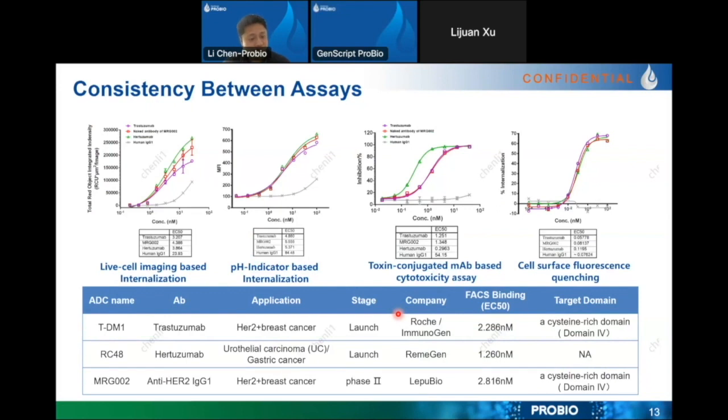Judging by the results, all four approaches gave a similar ranking pattern of these three antibodies, and also a similar range of EC50 values, except for the last one, the cell surface fluorescence quenching. This data demonstrated the reliability and the consistency between different assays.